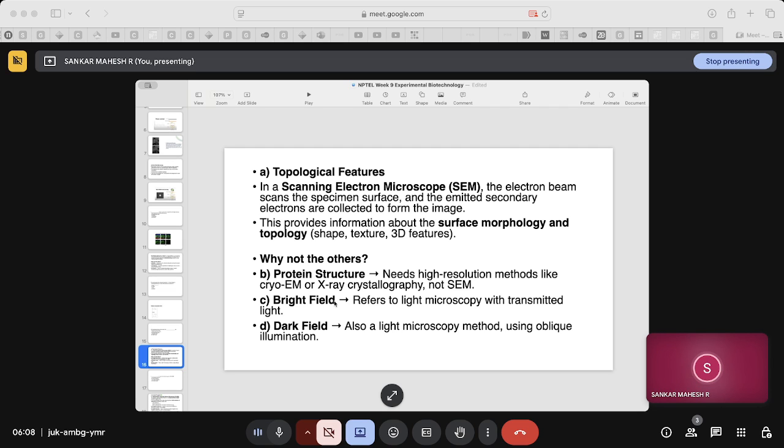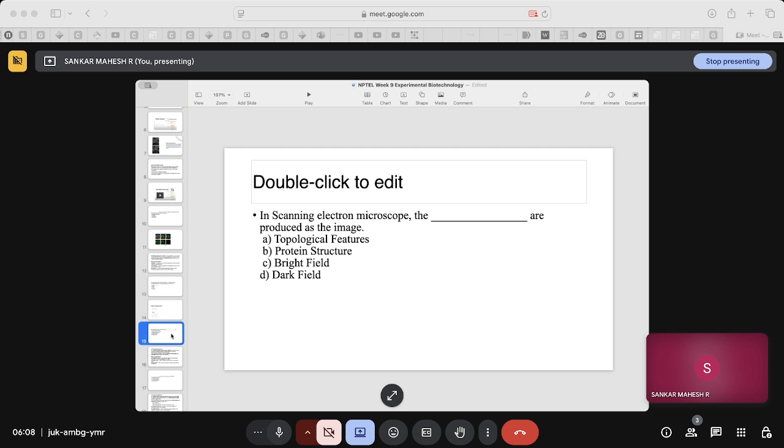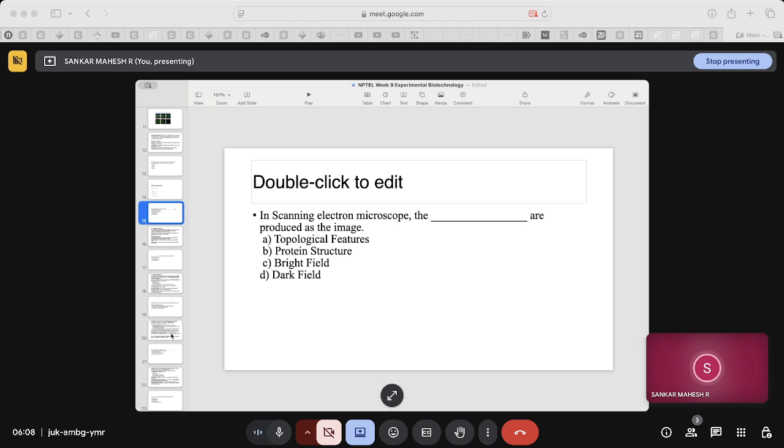So SEM will not work. And bright field and dark field, like we saw in the first question, are light microscopy techniques. These have no relevance to scanning electron microscope. So the right answer for this question is: in scanning electron microscope, the topological features are produced as the image.